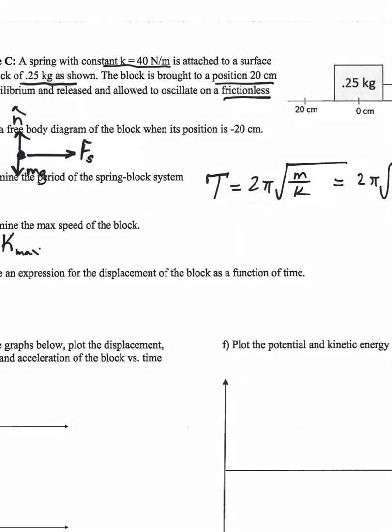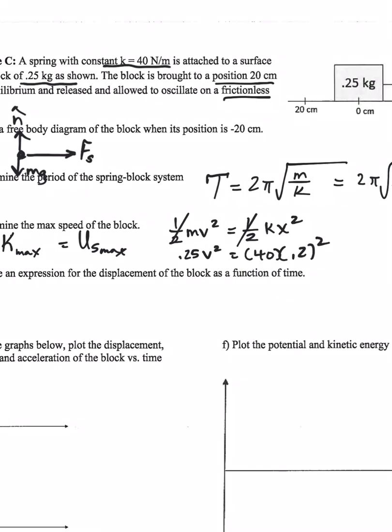K max has to be equal to U sub S max. Well, what is K max? 1/2 mv squared, and this is 1/2 kx squared. The halves go away, that's nice. We know the mass is what? Yep. k is 40, and the displacement is 0.2 squared. So can you find the velocity?